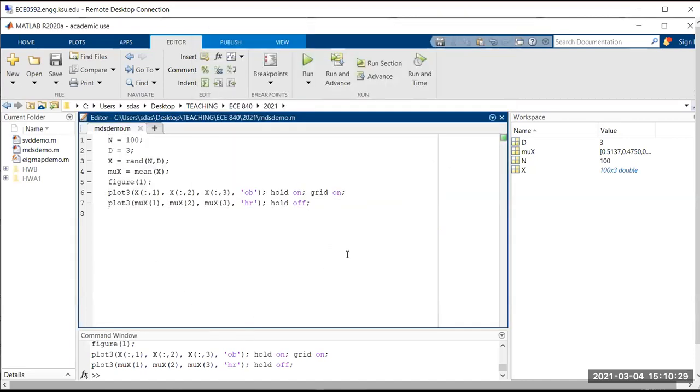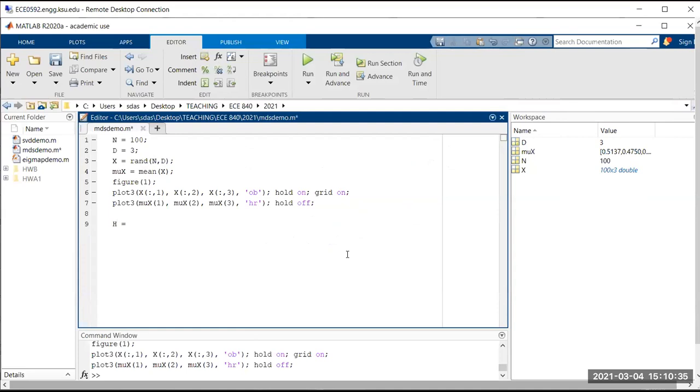Okay, that's mu. Now let me get the center, the H matrix. H equals I n comma n minus ones, a matrix of all ones, over n.